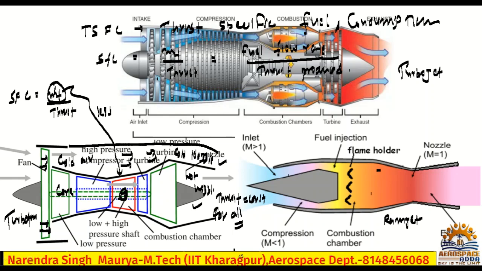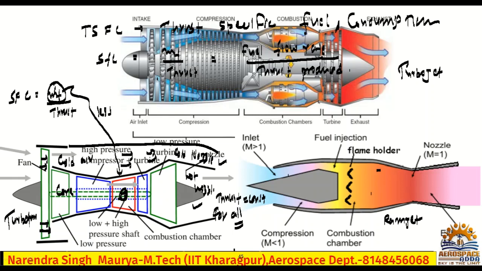That is true. And another is TIT, turbine inlet temperature, because turbine inlet temperature also depends on the amount of fuel you are burning in the combustion chamber. So you can say easily thrust totally depends on the turbine inlet temperature, and turbine inlet temperature depends on the amount of fuel you are burning in the combustion chamber.